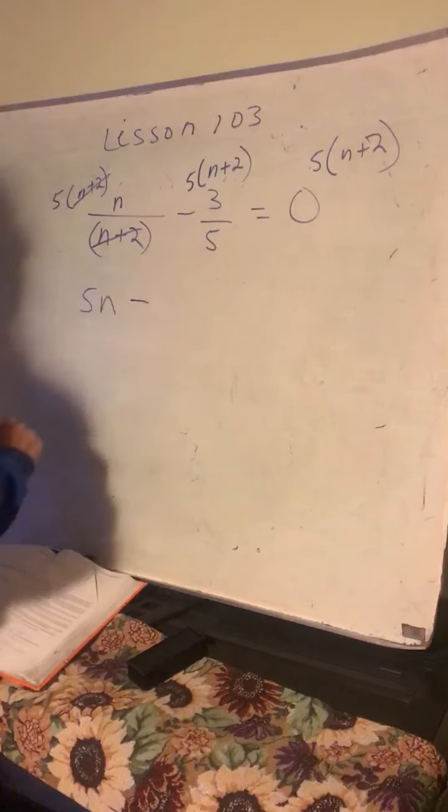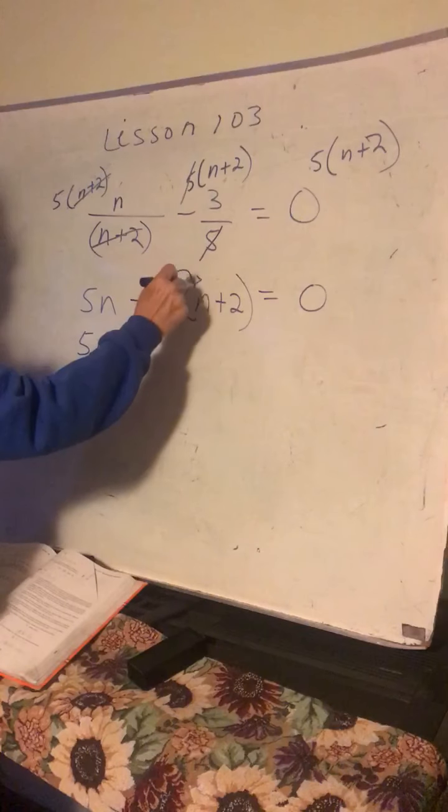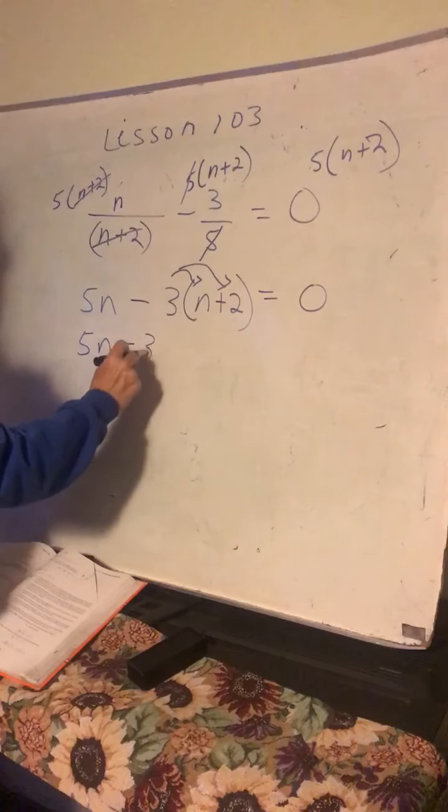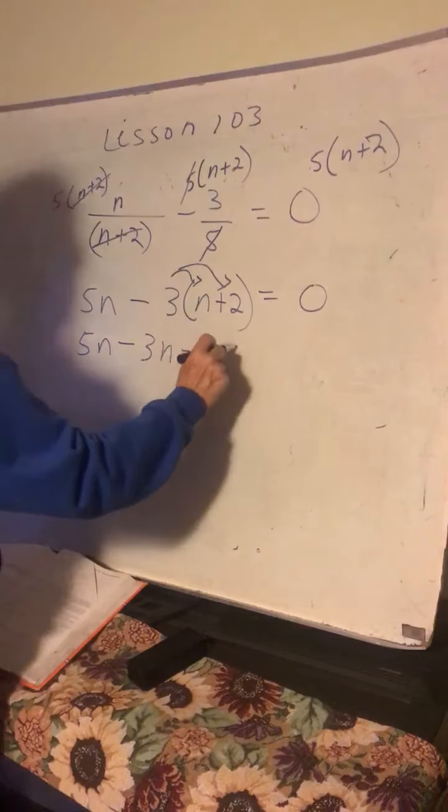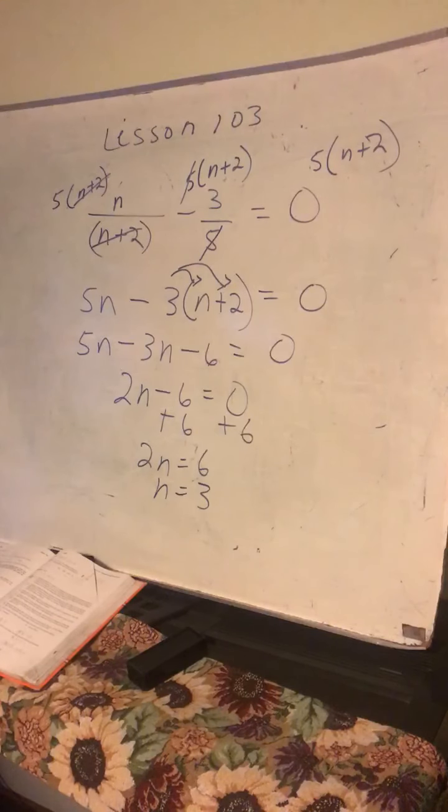Now we're going to do 5n minus, let's go ahead and distribute this, 3n minus 6 equals 0. You have 2n minus 6 equals 0, plus 6, 2n equals 6, n equals 3.